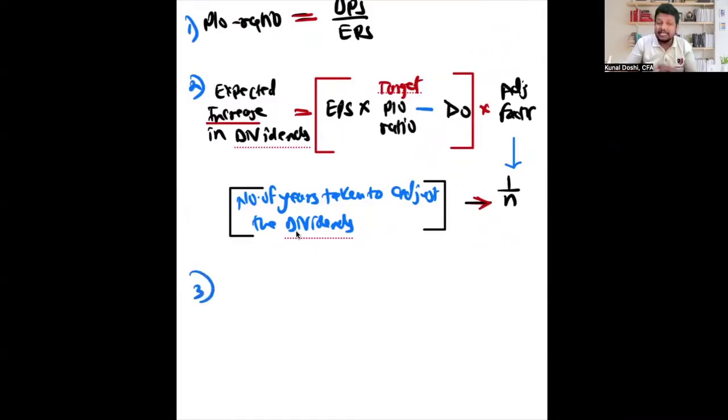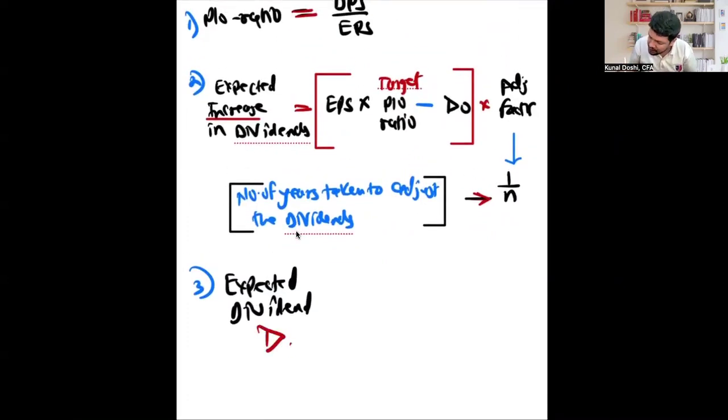So my expected dividend, which now I call D1, the next year dividend, is related to the last dividend, plus what I just calculated, the expected increase in dividends.